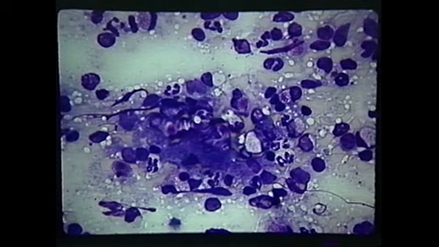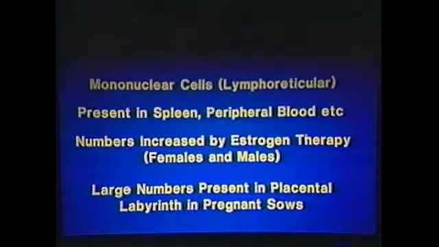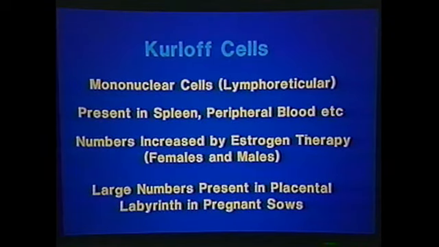An impression smear of spleen from a normal guinea pig demonstrating typical Kurloff cells with these Kurloff bodies within the cytoplasm of these mononuclear cells. Kurloff cells are mononuclear cells that are lymphoreticular in type, and occasionally these Kurloff cells are found in small numbers in the peripheral blood, and the numbers certainly can be increased dramatically by estrogen therapy in both males and females, and large numbers have been identified in the placental labyrinth in pregnant sows.